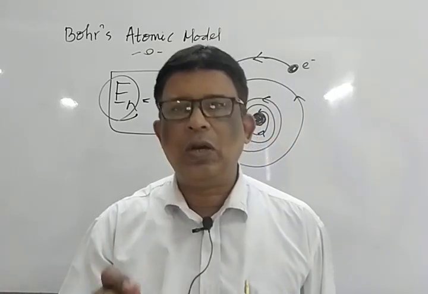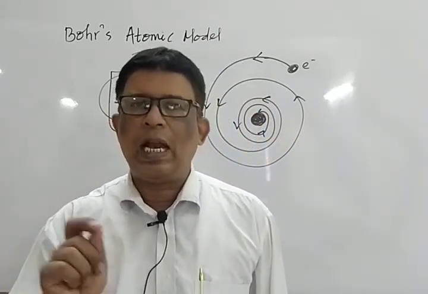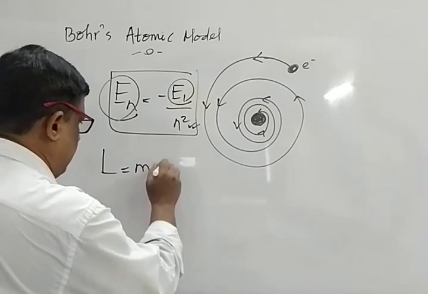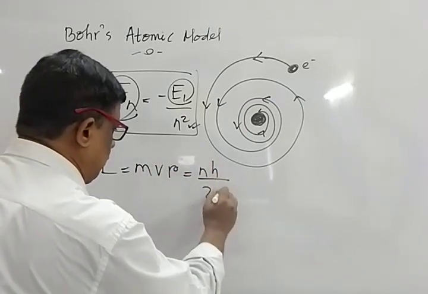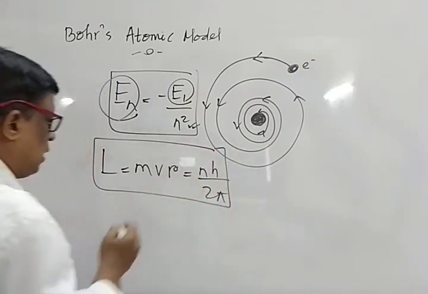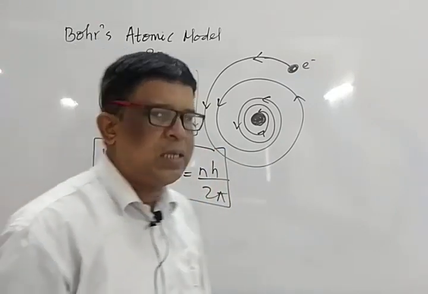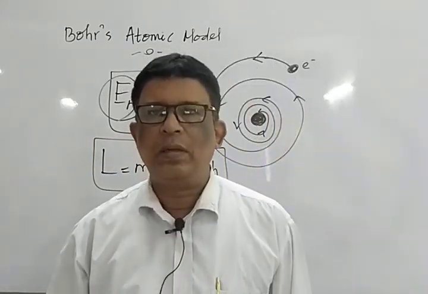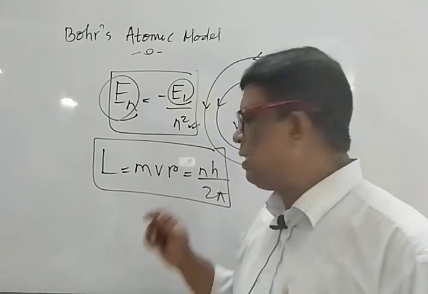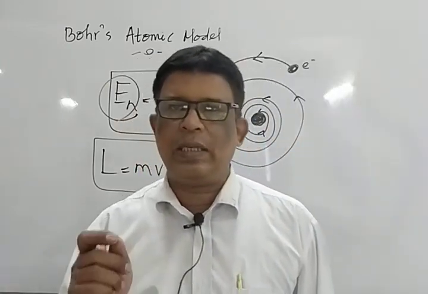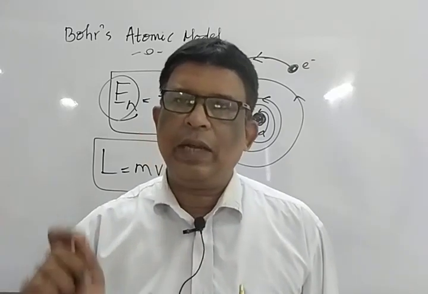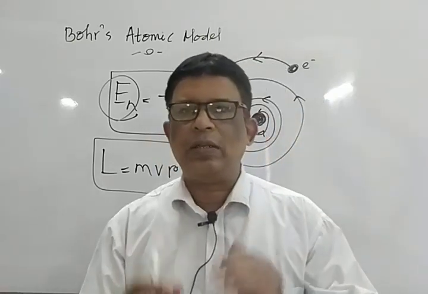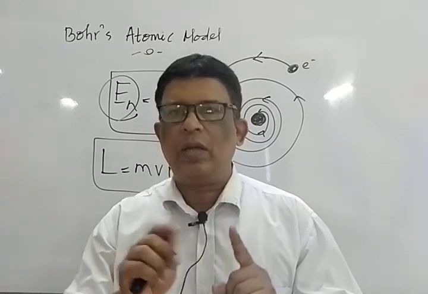That is, L = mvr = nh/2π. Here m and v are the mass and tangential velocity, r is the radius of the orbit, and h is Planck's constant, which we know is 6.62 × 10⁻³⁴ joule second.